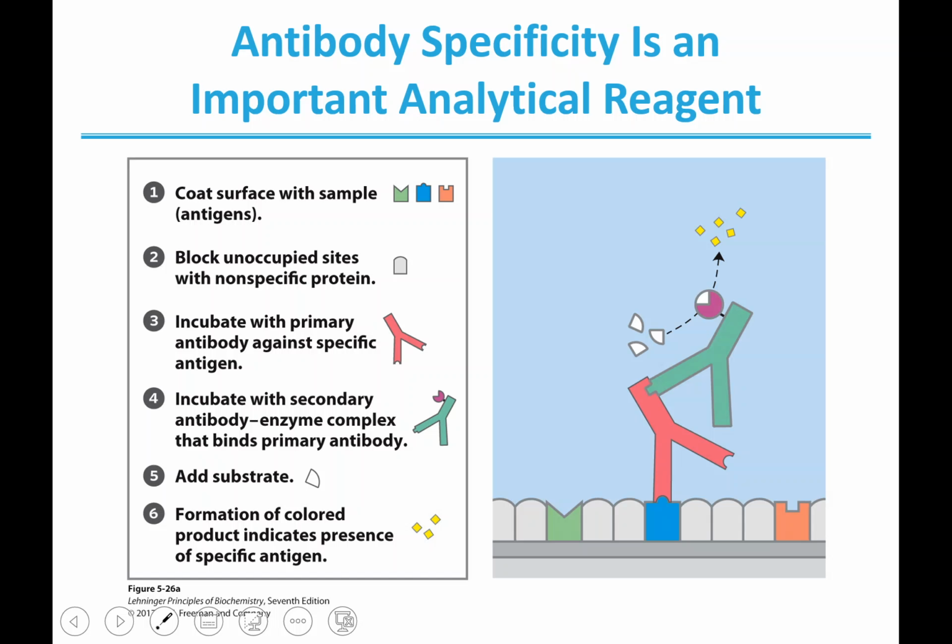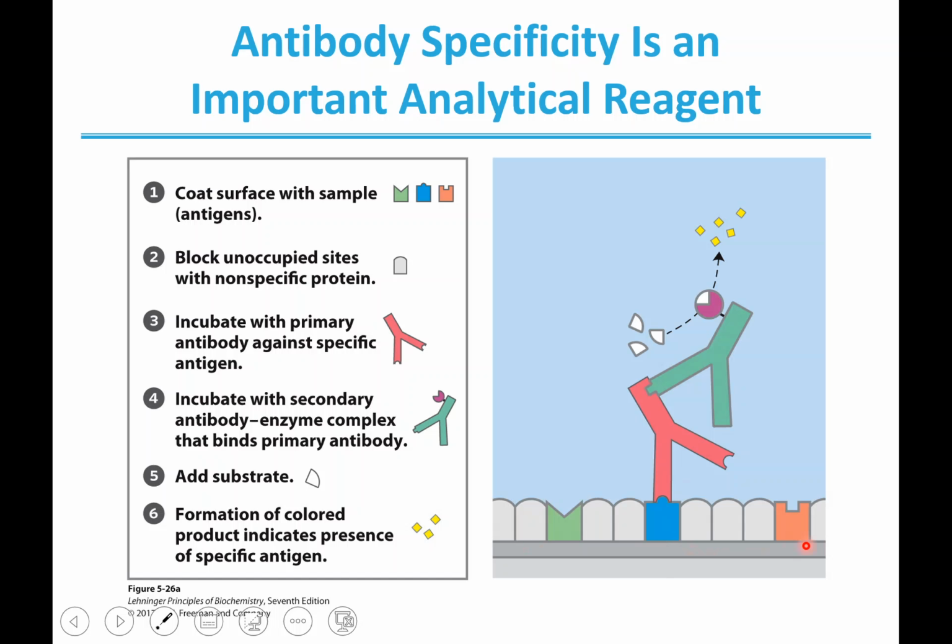In a Western blot, you run a typical protein gel, like an SDS-PAGE gel, where you separate the proteins based on their molecular weight. Then you transfer the proteins from the gel onto a paper membrane, and the proteins get stuck in the membrane.